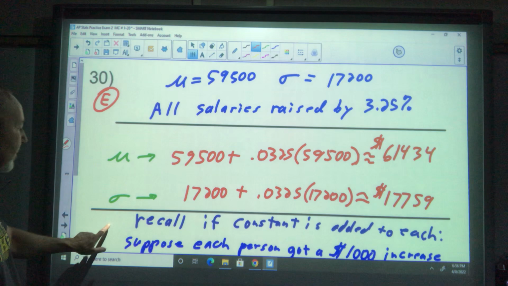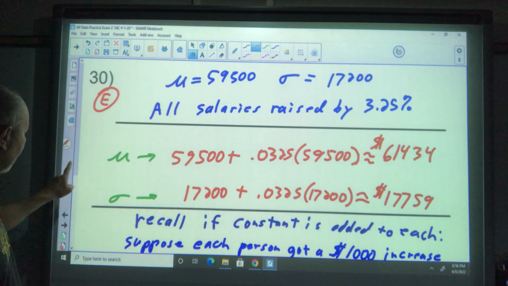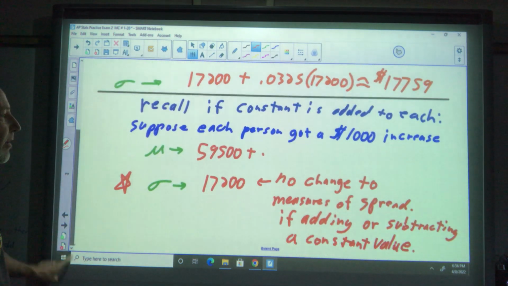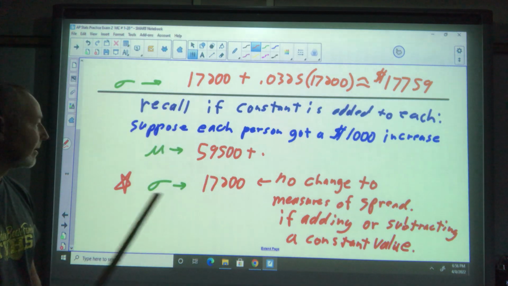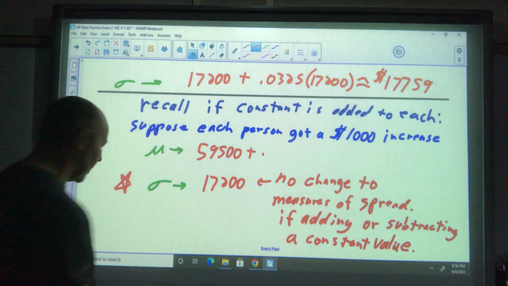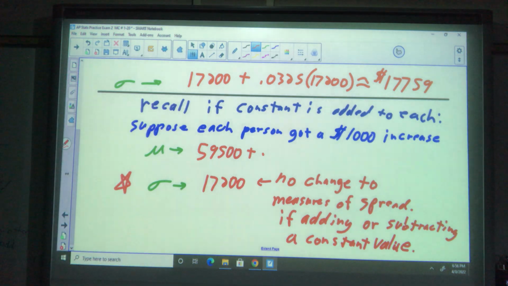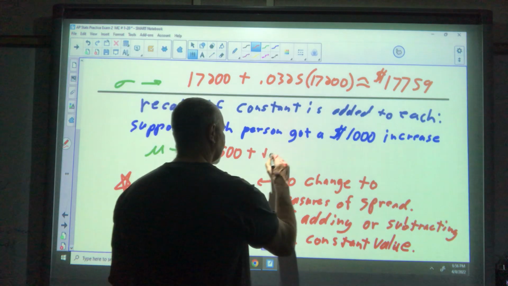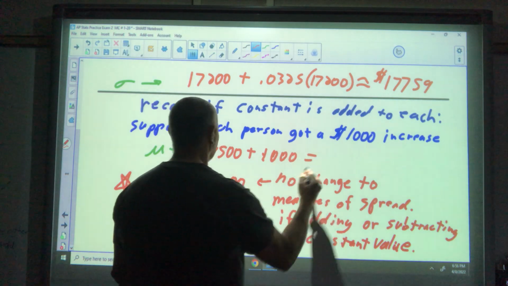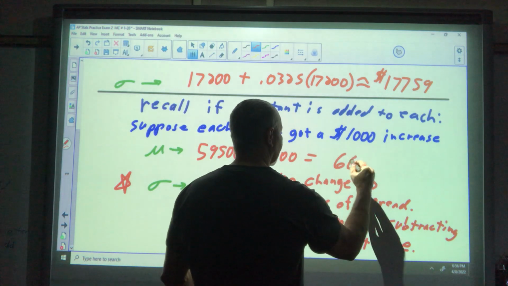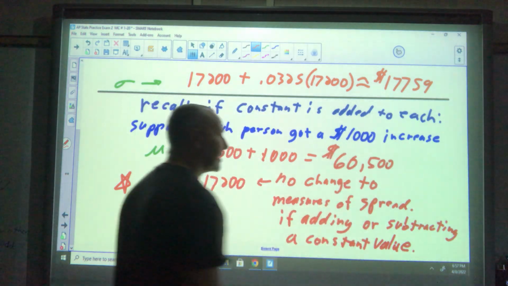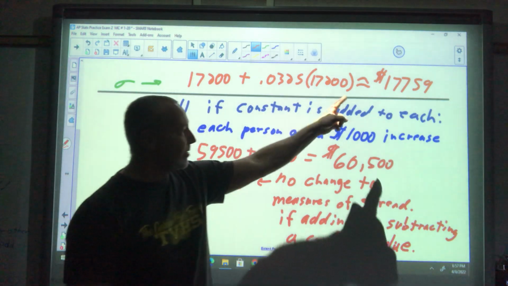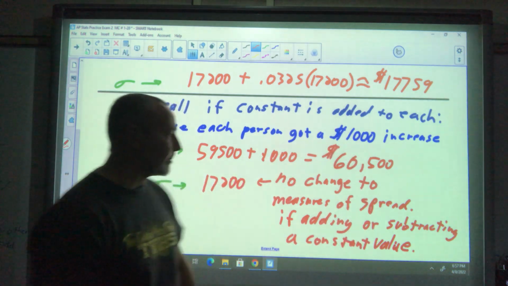Again, the problem I would most likely expect you to see, if a constant was added to each, if each person got a $1,000 increase, my mean would be 59,500 plus 1,000, which would make it $60,500. And notice they have units. The mean and the standard deviation always have the same units.